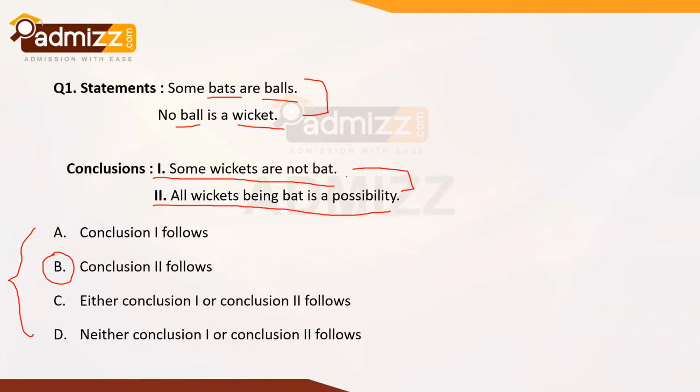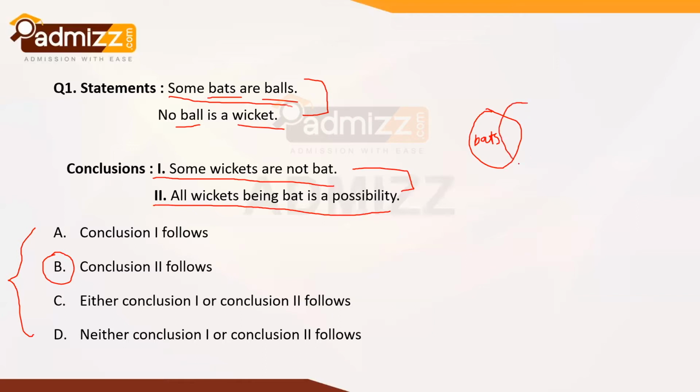Now, why is this the case? So let's take a look at this from a Venn diagram perspective, right? So let's make 2 Venn diagrams, 2 sets per se, right? First, we've got the set of bats, right? And from the first inference, what we can imply is that some bats are balls, right?